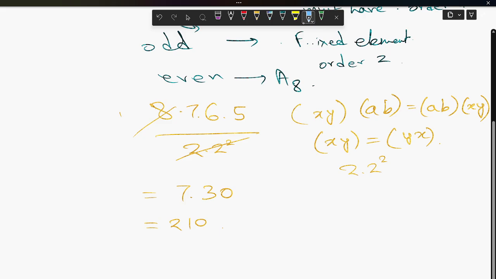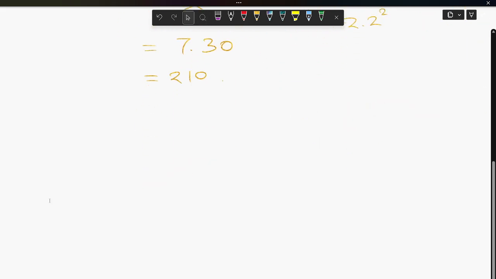Now, if this element is a product of four disjoint transpositions, then there are 8 factorial choices for the numbers in the cycles. However, we must divide by 4 factorial into 2 to the power 4, by the same reasoning as above, to avoid overcounting.